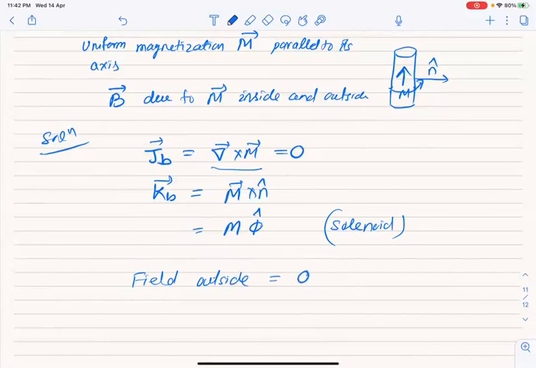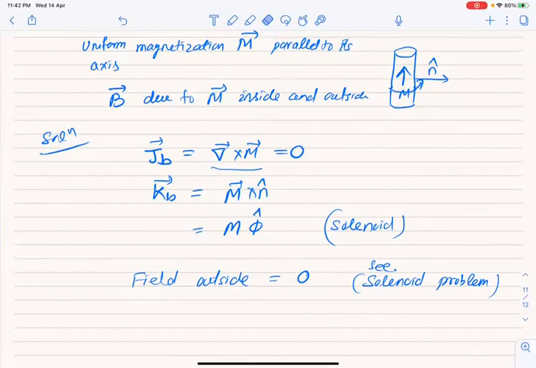Please see the solenoid problem. Okay, the field outside is 0. The moment you know it's a solenoid, so you have a current along phi cap, which means you can right away say that the field outside is 0. And what about the field inside?